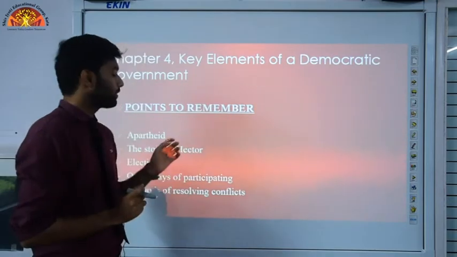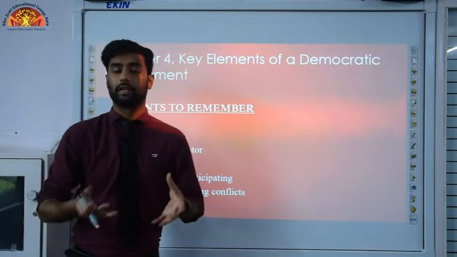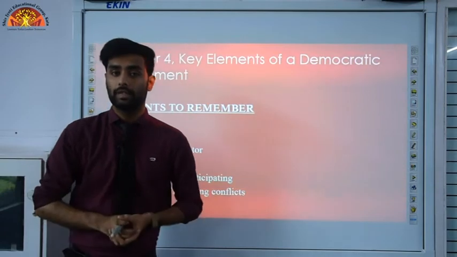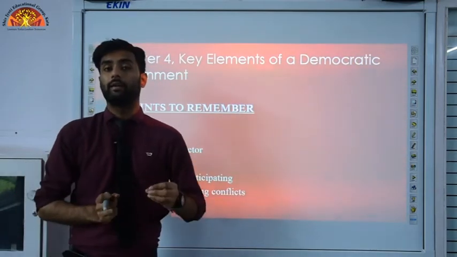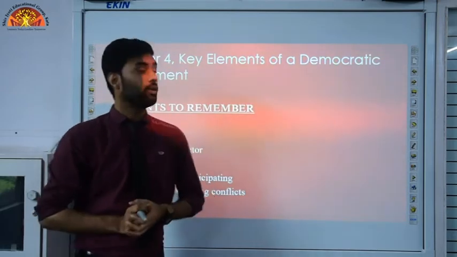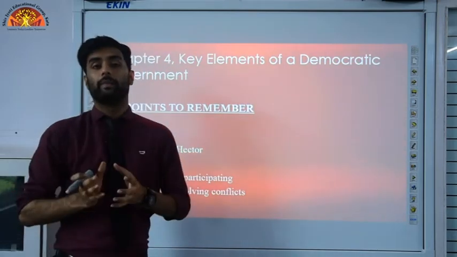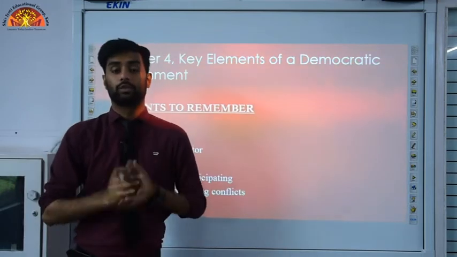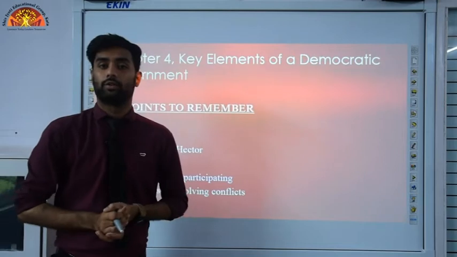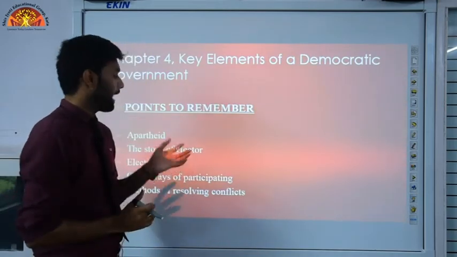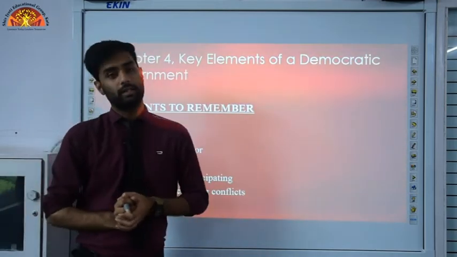But Hector was a student who wanted to learn the Zulu language, because that was the native language of his people, his cultural language. So what happened? Hector protested against the government. Now, what did the government do? The government started attacking the students who were protesting silently, peacefully, and then Hector was killed because of a bullet wound.